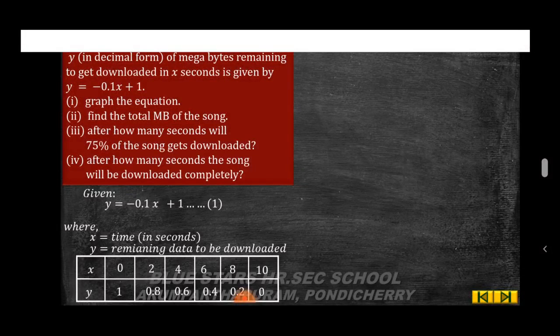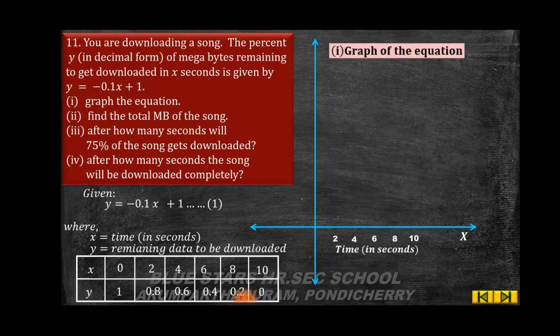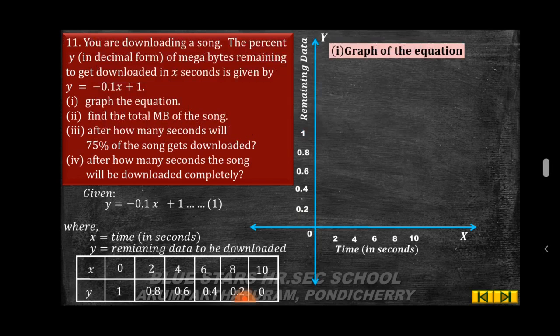So now you have the table. First, you are going to draw the graph of the equation. You just plot the points, that is, the x-axis represents time in seconds 2, 4, 6, 8, 10 and the y-axis represents the remaining data 0.2, 0.4, 0.6, 0.8 and 1.